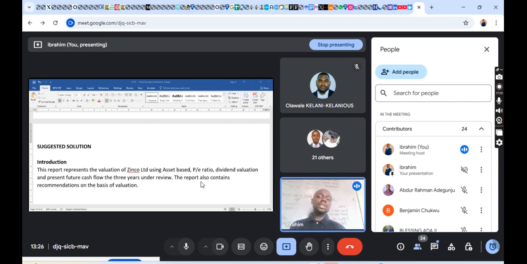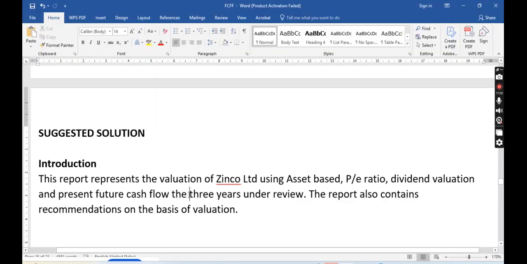You can say, however, the report also contains recommendations on the basis of valuation. Full stop. And that is the introduction. Another person can use another form of introduction. Fine. You are good.